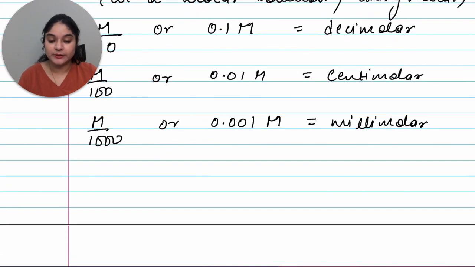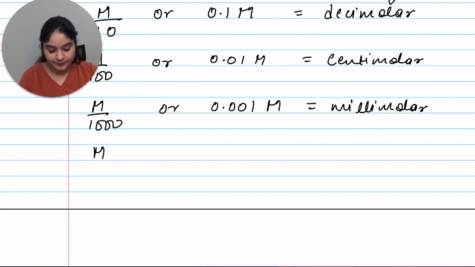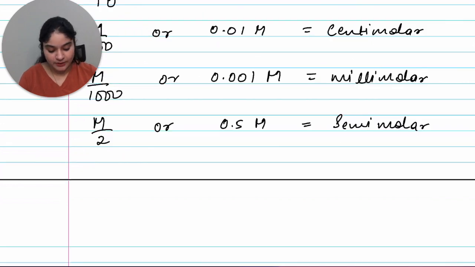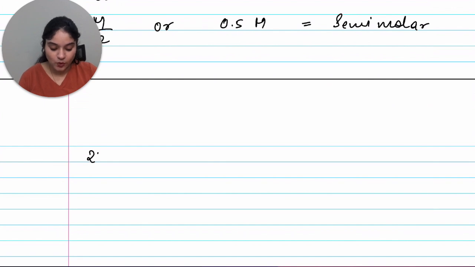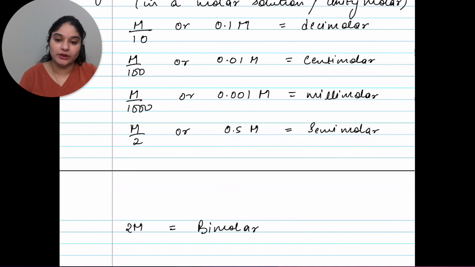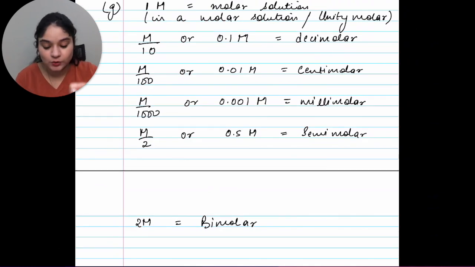Now next is M over 2 or 0.5 M. This is semimolar. Now next, if I have 2M, that is bimolar. Students, we can also go further. You have 3M, so that can become trimolar.